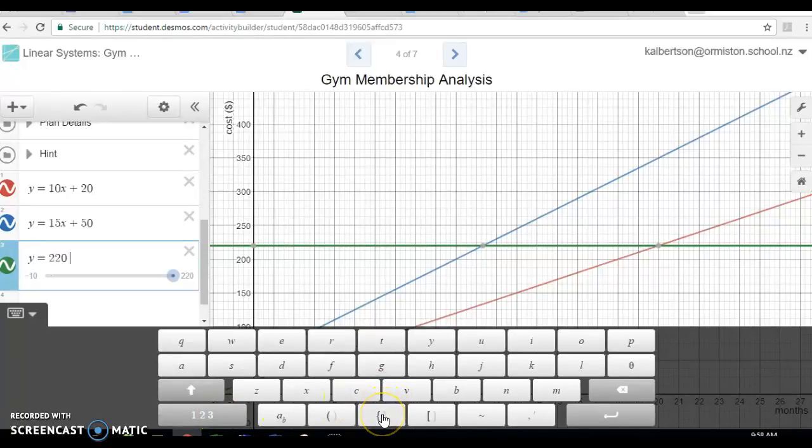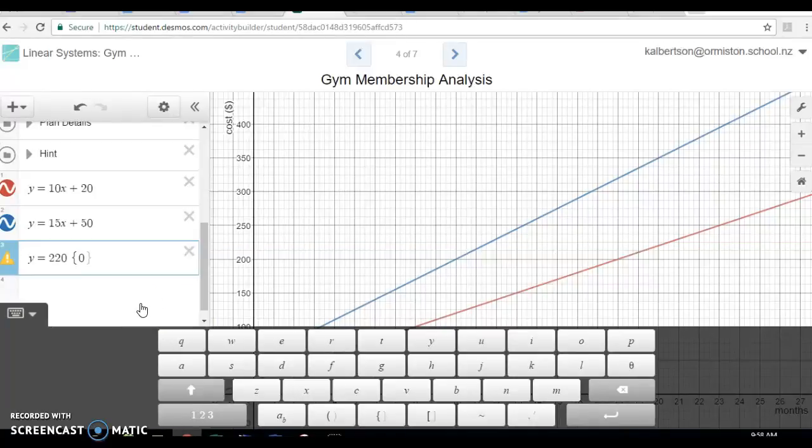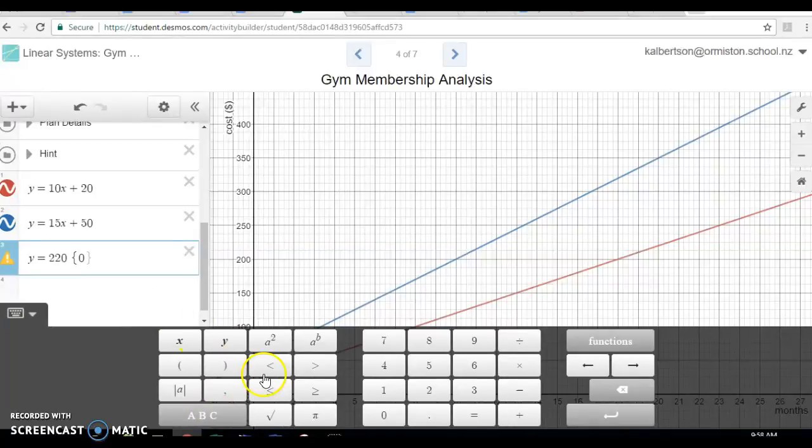We get a curly bracket, and it's from 0 to 12. So in maths language, we're going to type in 0 is less than or equal to x, the number of months, which is less than 12. Now I'm figuring that once you get to 12 months, they're going to make you pay that, so I'm going less than 12. And we've got a wee step drawn there.